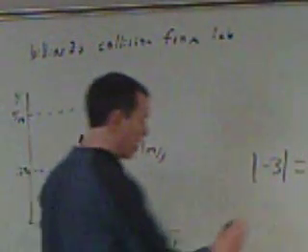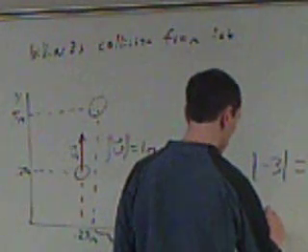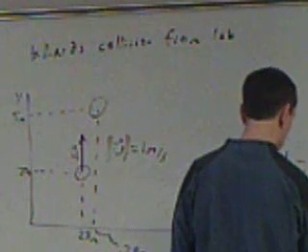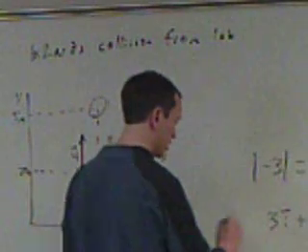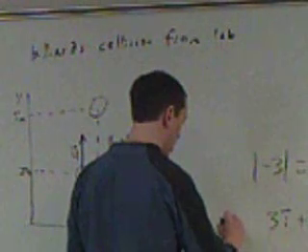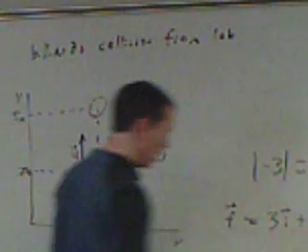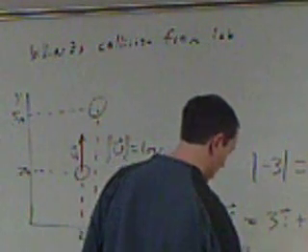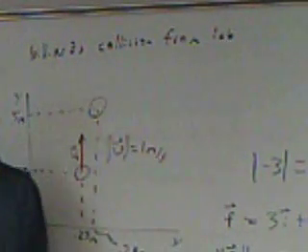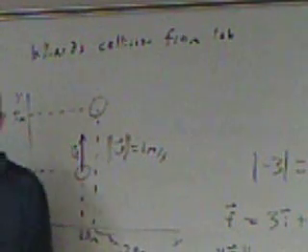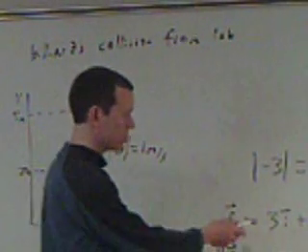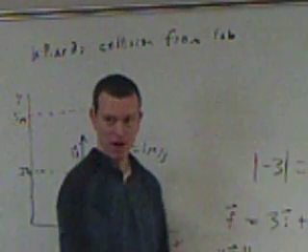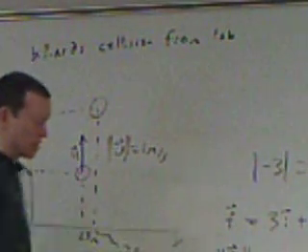So if I have some vector F equals 3i plus 4j, and I want to know the magnitude of F, this is a triangle. Easy. We get 3 squared, 9, 4 squared, 16, add them together, 25, square root, we get 5. So that's magnitude versus absolute value.